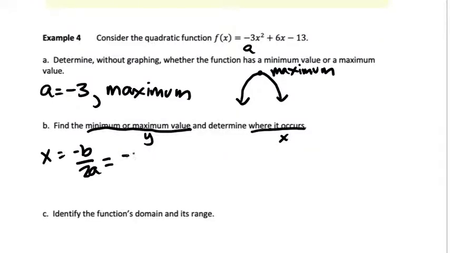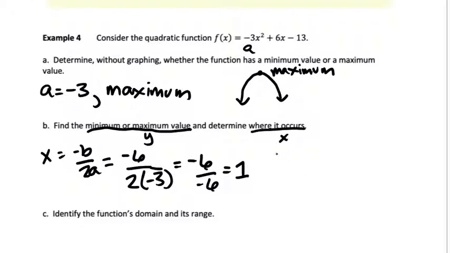And so that's going to be negative 6 over 2 times negative 3. Negative 6 over negative 6 is positive 1. And so that's going to be where it occurs.